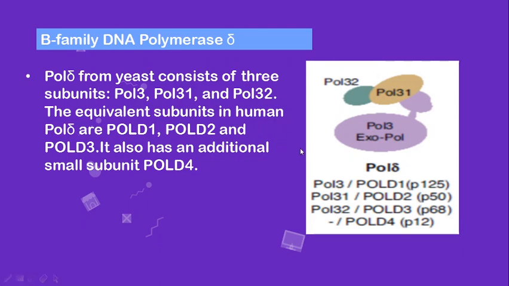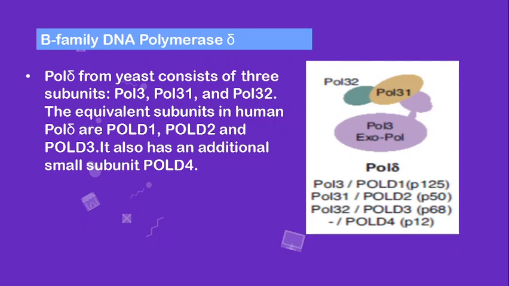POL3 and POLD1 are the catalytic subunits, which encode both polymerase and 3' to 5' exonuclease proofreading activity. This polymerase 3 catalytic core provides high fidelity to the polymerase delta enzyme.